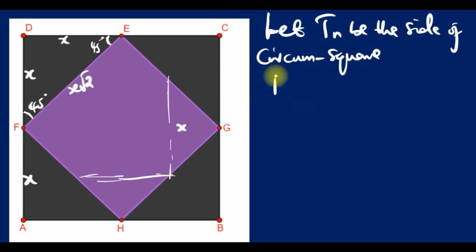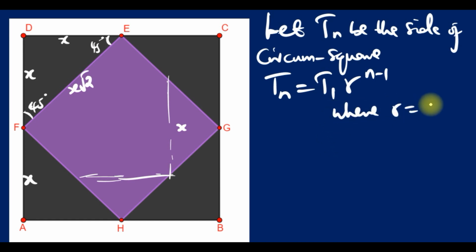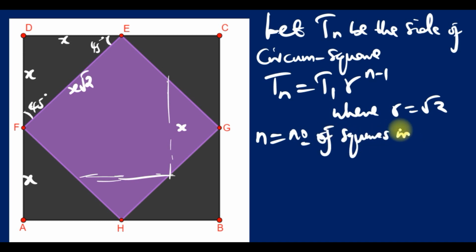So you see that term n is always the first one, the smallest one, times the common ratio to the power n minus 1, because I told you this will form a geometric progression, where r is root 2, and n is the number of squares involved. So that's how you solve that kind of question.